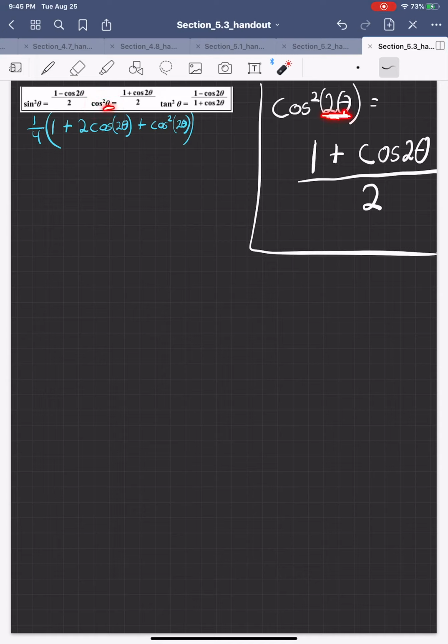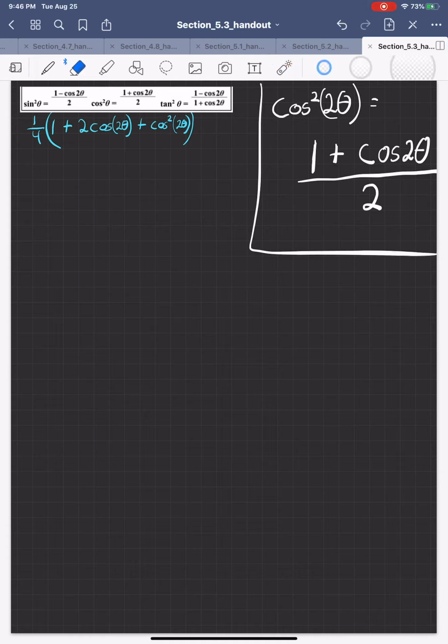And it's simple enough. The way you can think about this is instead of having theta, you have 2 theta. So all that's required here is that we just plug in. All right, we just substitute in. So I'm going to erase this now.